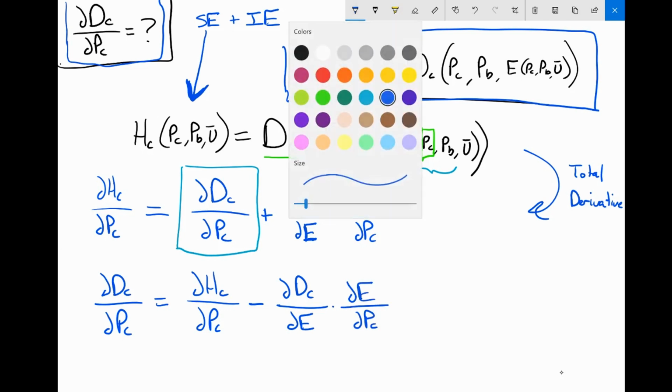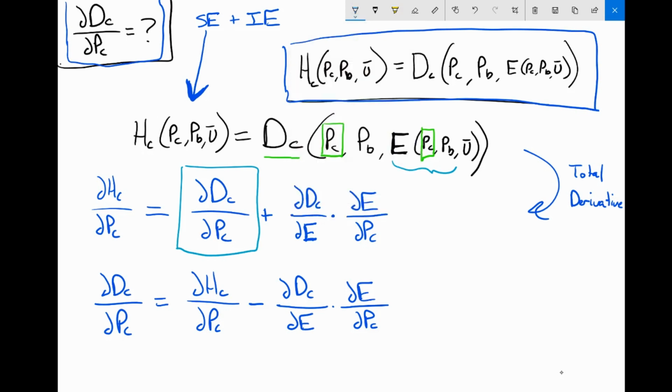Now, I'm going to give away the conclusion a little bit to whet your appetite. This is the total effect of a price change on the uncompensated demand. This is the substitution effect, which should give us an indication of what this might be. Maybe I'll ask the question, what is this?